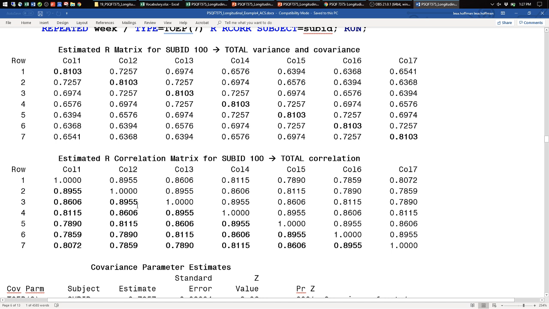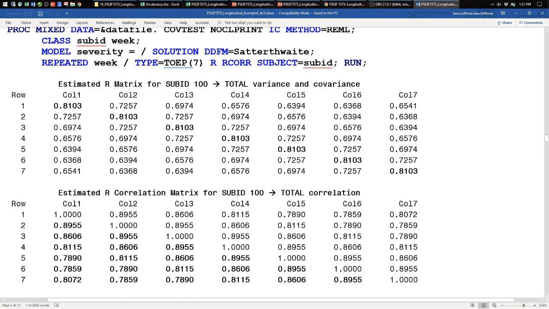Occasions 1 unit apart have one value, 2 units apart have a separate value, 3 units has a separate value, and so on. So this 7 after it refers to the number of parameters. That's the number of occasions. Not all software allows you to mess with that. SPSS does not, and I believe Stata does not, if I remember correctly. SAS does.